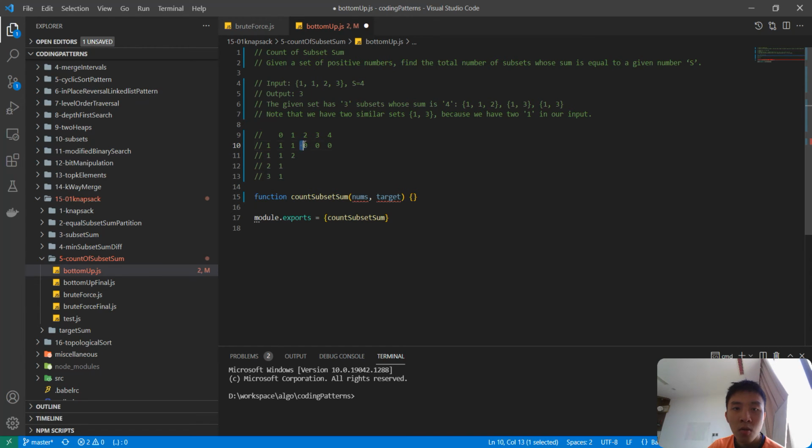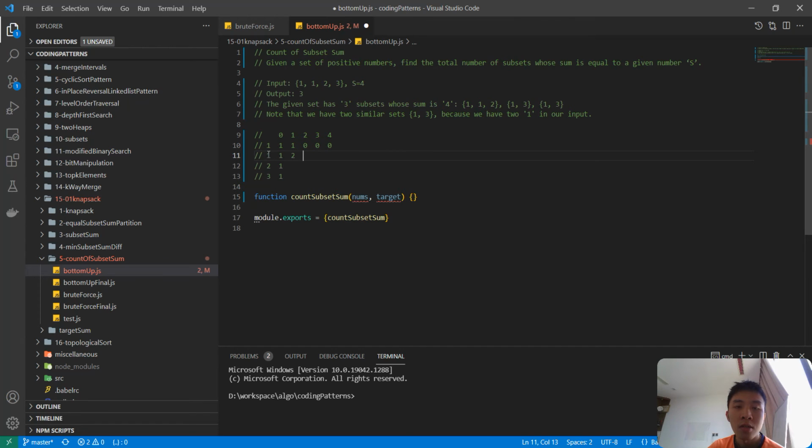So the answer is 0. We cannot find it. So for the first choice, which is skip one, we have not found any subsets.